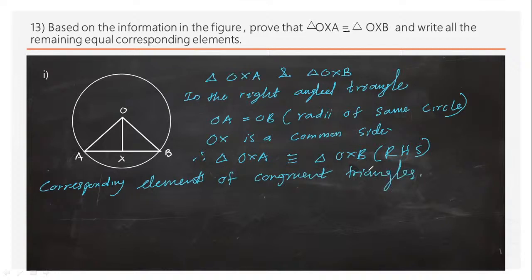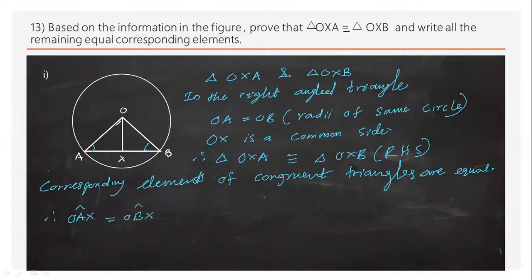Congruent triangles are equal. So then we can write angle OAX equals angle OBX. They are corresponding elements.